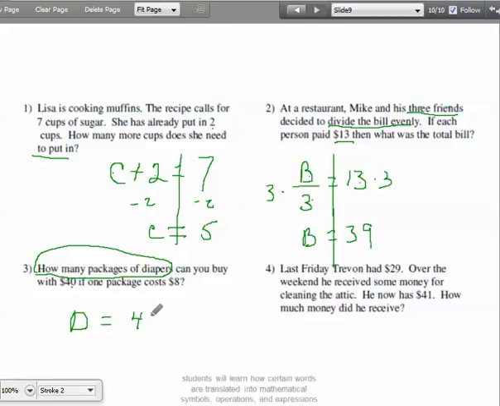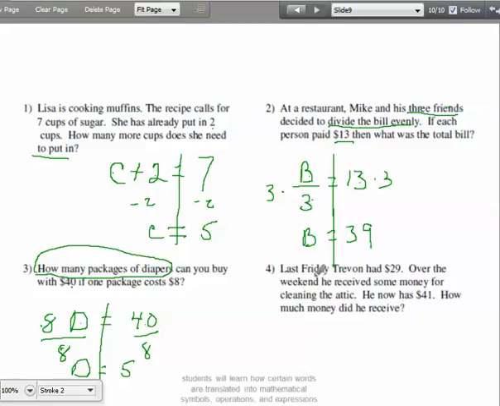One package costs $8, so 8 in the front. 8 times the number of packages equals $40. So I'm going to divide by 8 on both sides of this equation. Divide by 8, and I'm going to get that the number of packages of diapers I could buy is 5. Oh, I forgot to draw my line there so you can see it, but you see how that works, right?